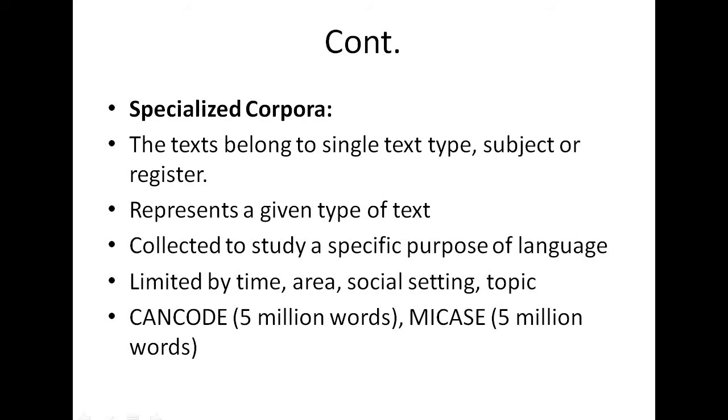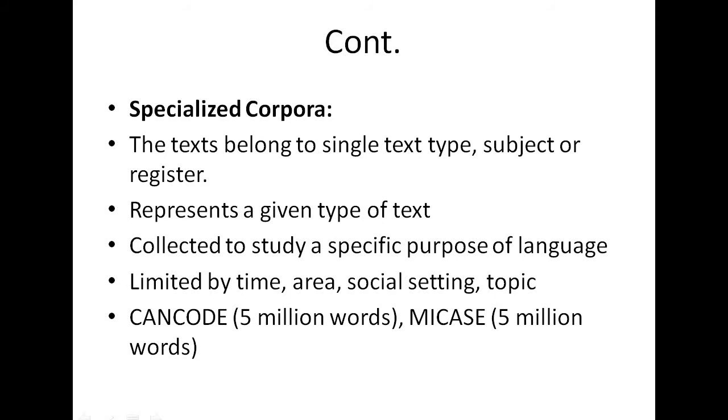Whatever examples I quoted in the definition of corpora were all examples of specialized corpora. For example, the text of the 6 novels of Jane Austen, a single text type. The text of the English newspapers published in Pakistan of last 10 years, one single text type.